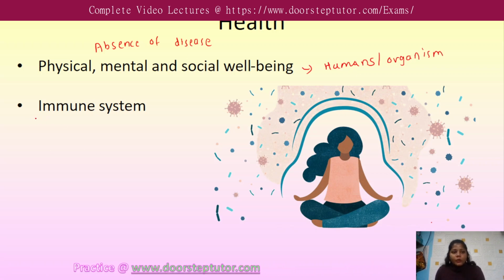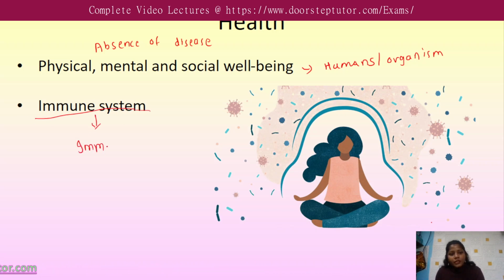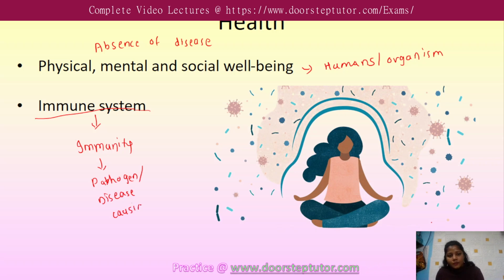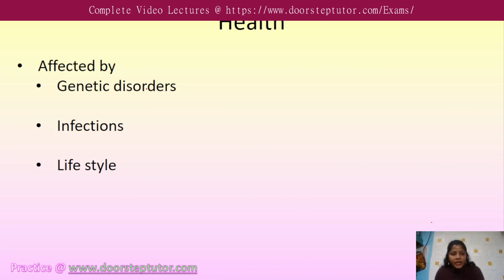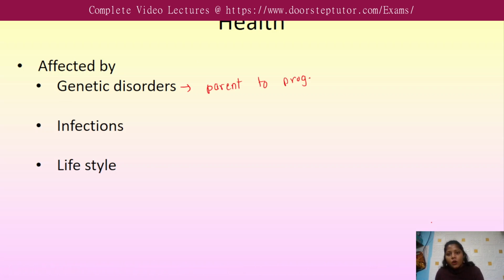The immune system plays a good part in providing immunity to fight against these pathogens, or we can say disease-causing organisms. Health is affected by genetic disorders which pass from parent to its progeny, or we can specifically say offspring.